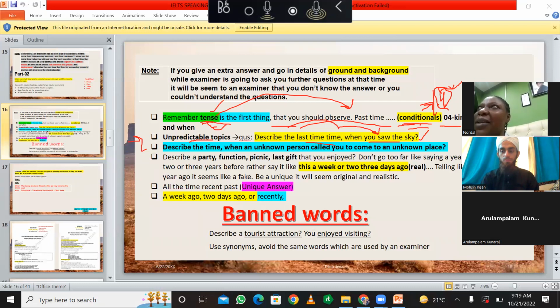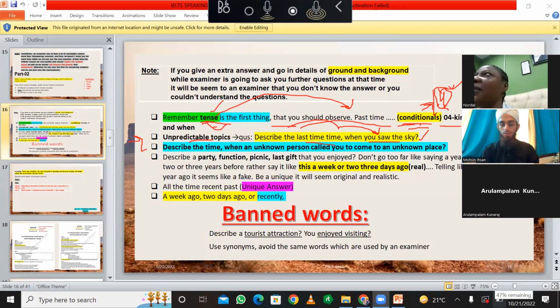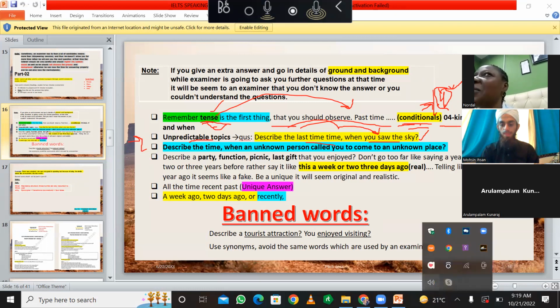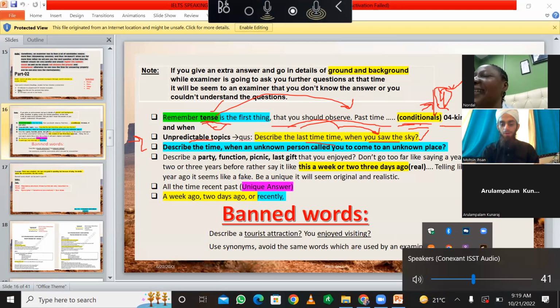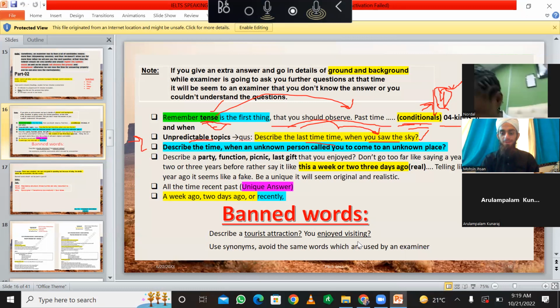What made me look up was that the weather was changing, so I had to look up to see if maybe it was going to rain or not going to rain. Wow, very good answer. Yes, very good.